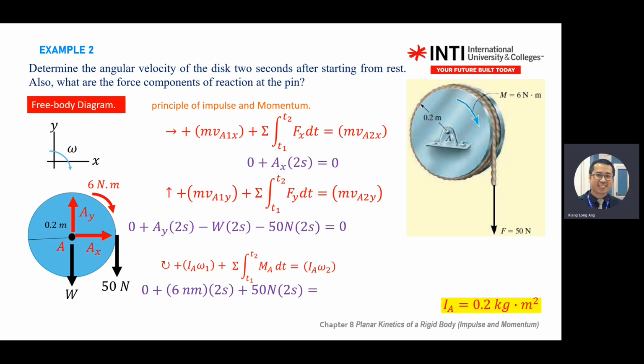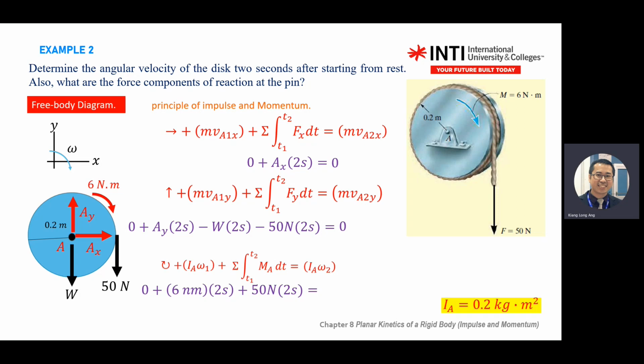Why do all these forces not create moment? Because they are at the center, the distance is 0, so no moment. But there is a 50 Newton force here that creates moment. You put this moment as 50 times the radius.